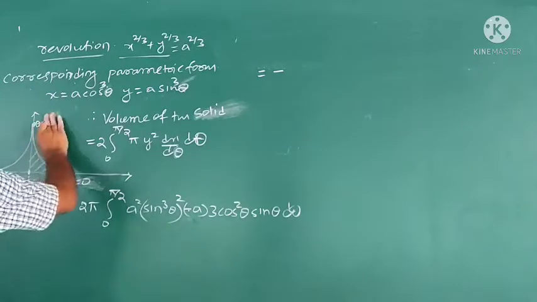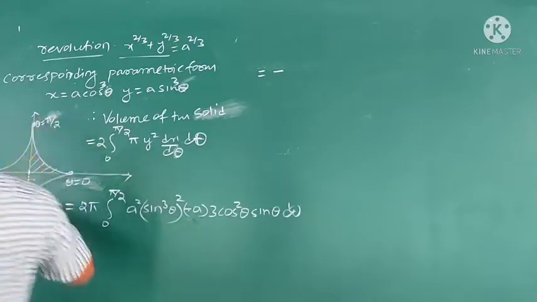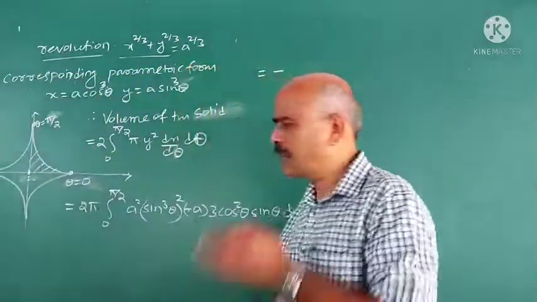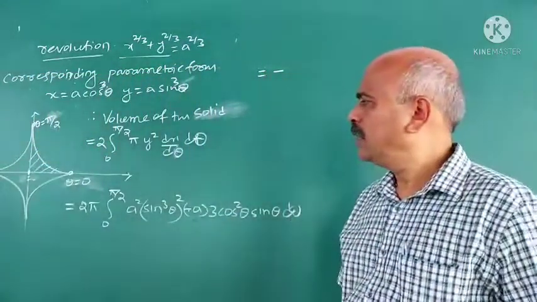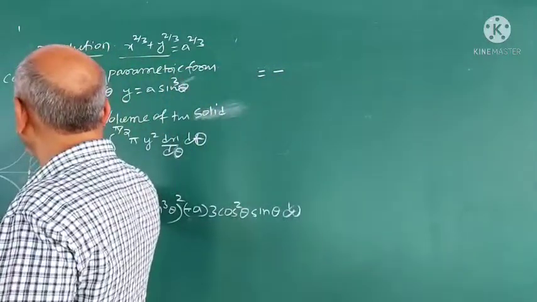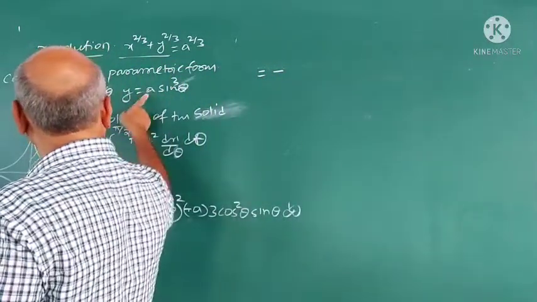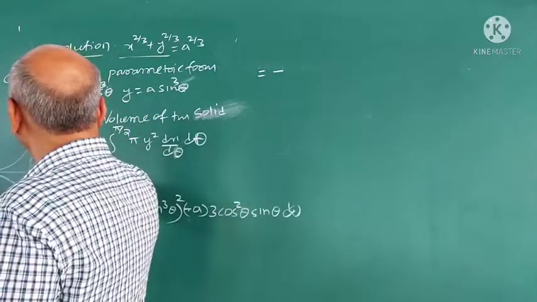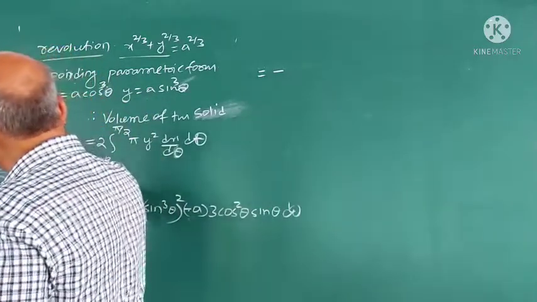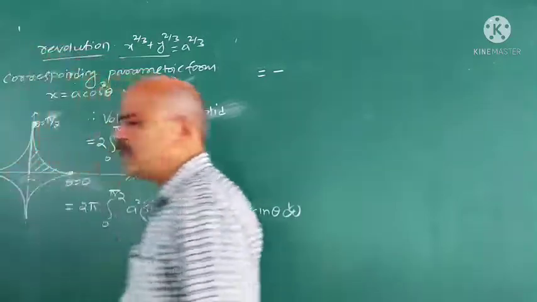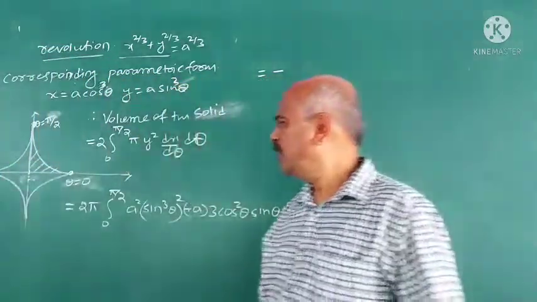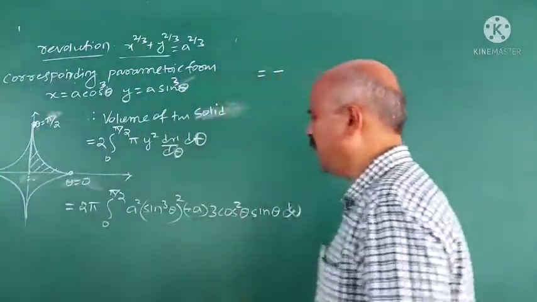This is theta equal to pi by 2. Now it is correct. When theta is pi by 2, y is equal to a, x is 0. Y is a, x is 0 means this is the point. So here 0 to pi by 2.